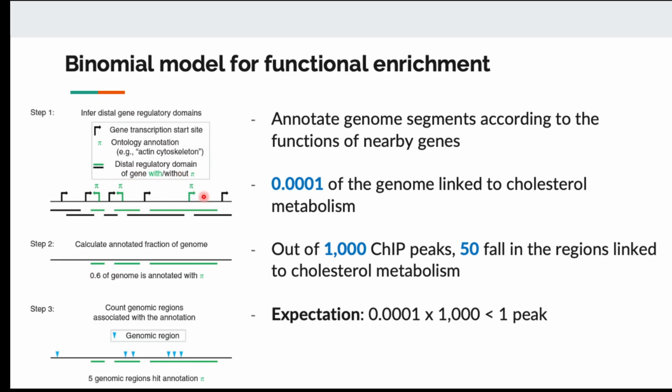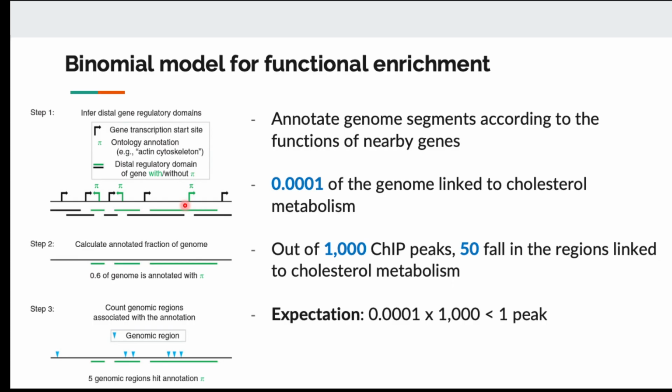These 3 genes are cholesterol metabolism genes. So the epigenetic signals that can regulate cholesterol metabolism, we're going to assume, span these green areas that are near cholesterol metabolism genes.